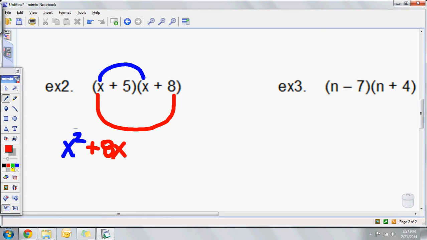Then we have our inner two terms for the I, the two terms on the inside, so that's going to be plus 5x. And then the L in FOIL stands for the last two terms. In this binomial, the last term is 5, and in this binomial, the last term is 8. So 5 times 8 gives you plus 40.